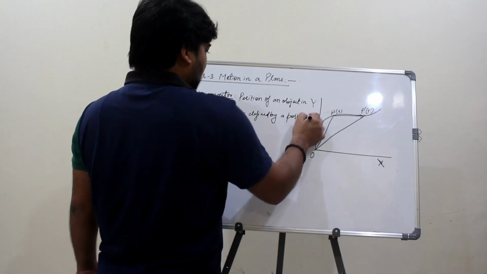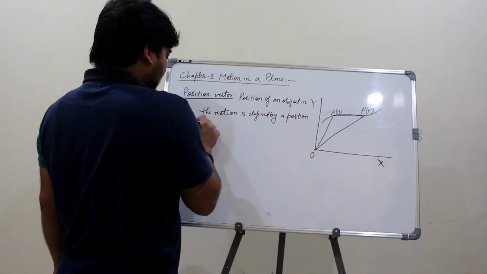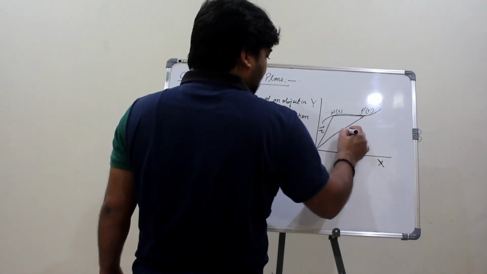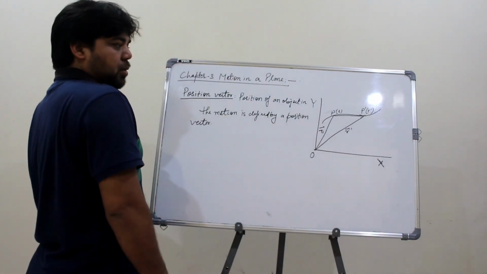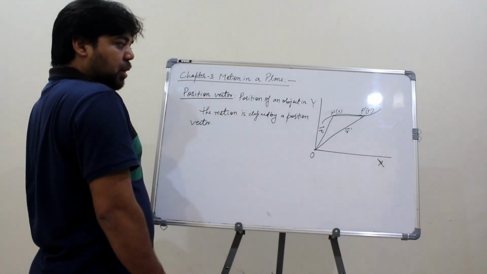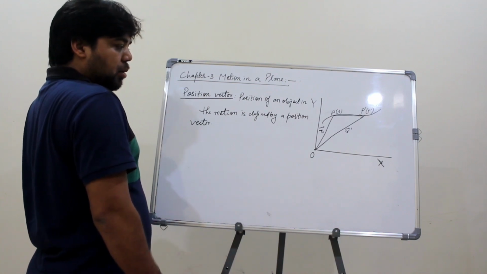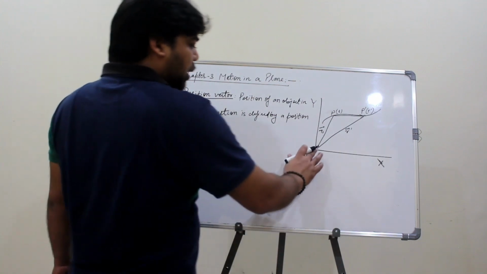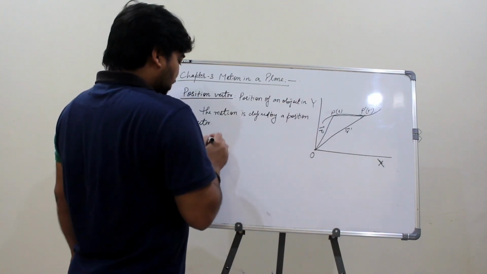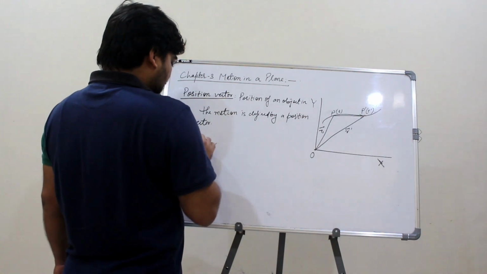If you understand it, the position of an object is given by a position vector. So here r and here r dash are the two vectors, right? Now how do we define the position vector? The position of the object which is in motion at a time t is what? It is OP, right?